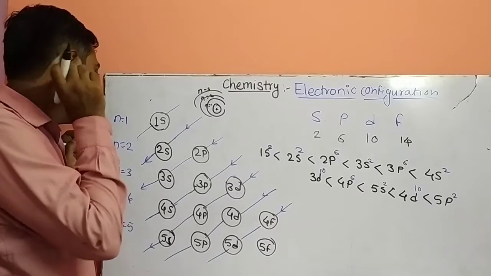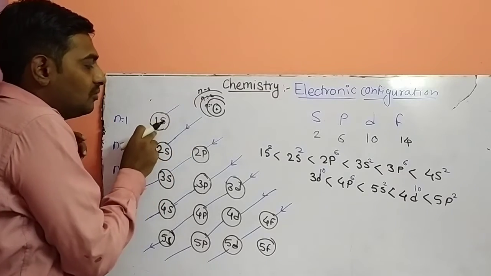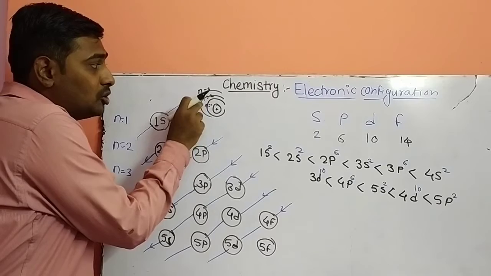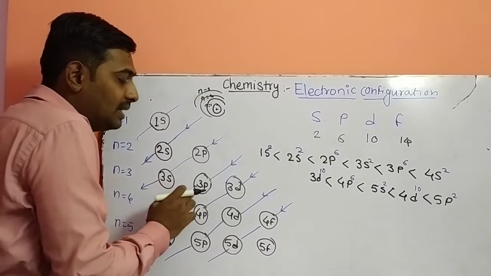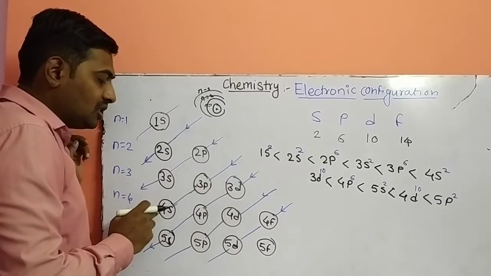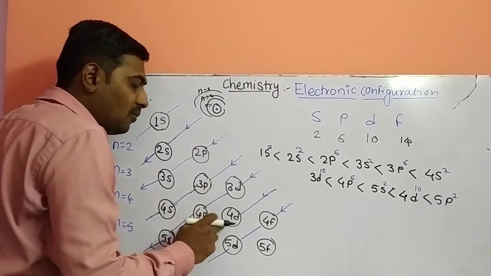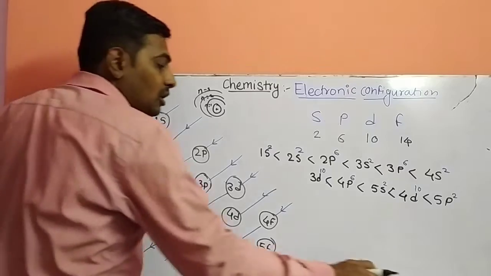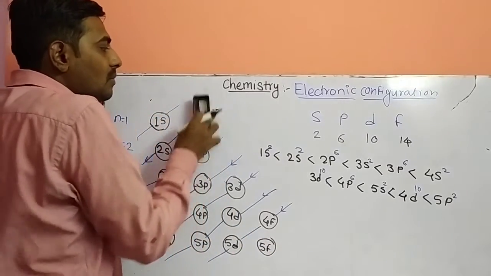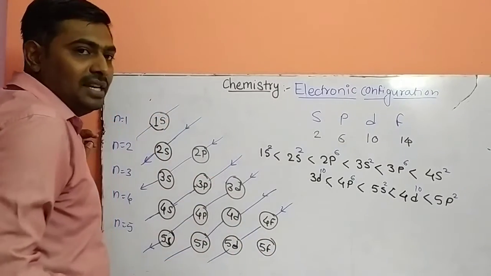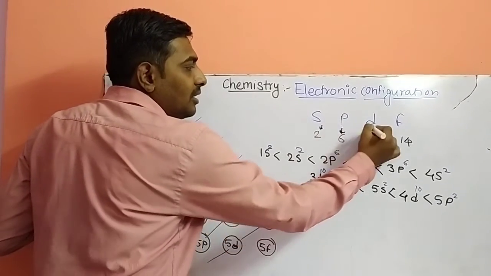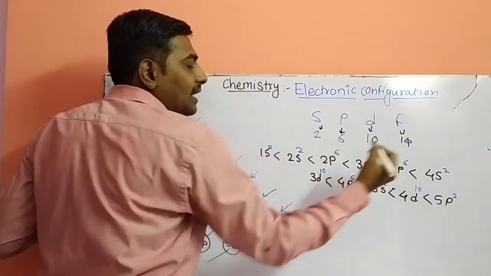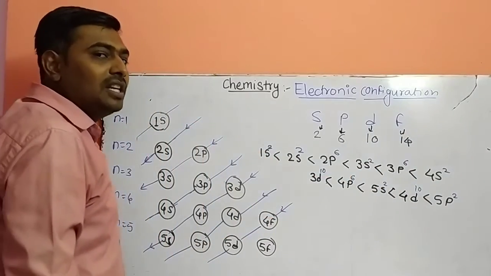The first shell contains the s orbital, the second shell, n equal to 2, contains 2s and 2p orbitals, the third shell contains 3s, 3p and 3d orbitals, and the fourth shell contains 4s, 4p, 4d and 4f orbitals. The s orbital has a capacity of 2 electrons, the p orbital 6 electrons, the d orbital 10 electrons, and the f orbital 14 electrons.